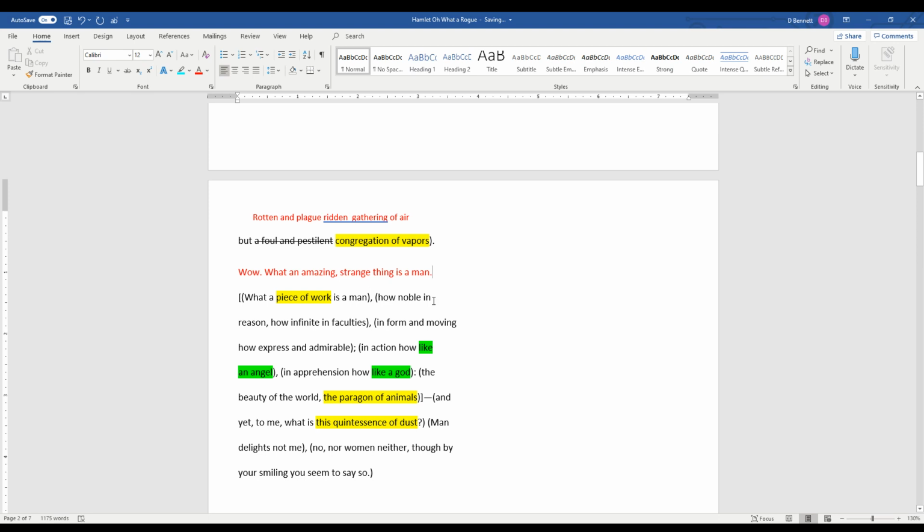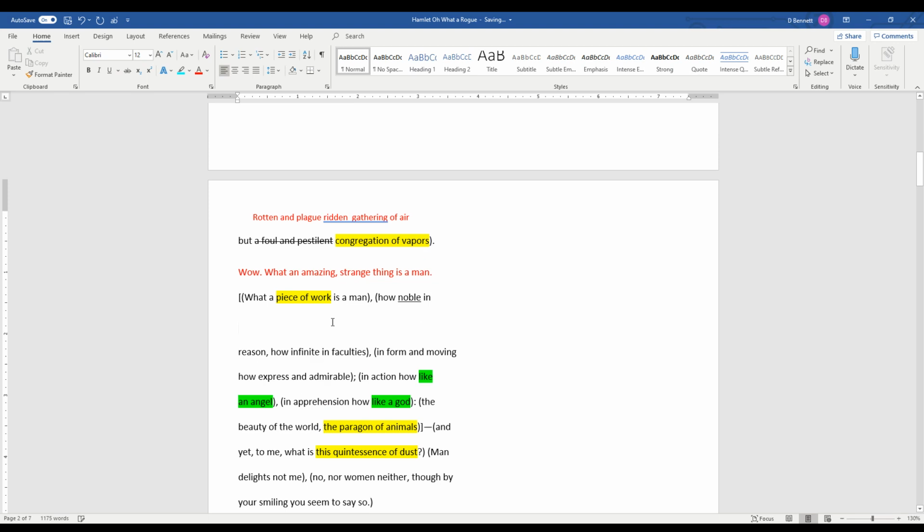And then he says, how noble in reason, how infinite, meaning infinite here means that there are many, many numerous faculties is another one that you may need. So infinite means endless, and faculties means abilities.